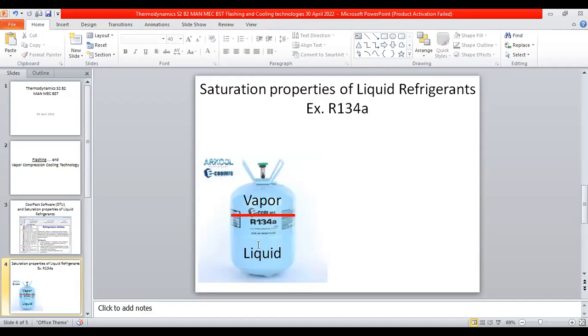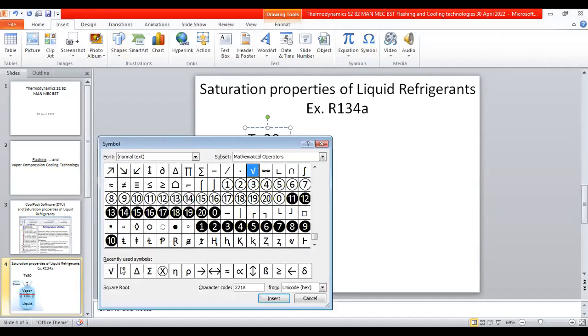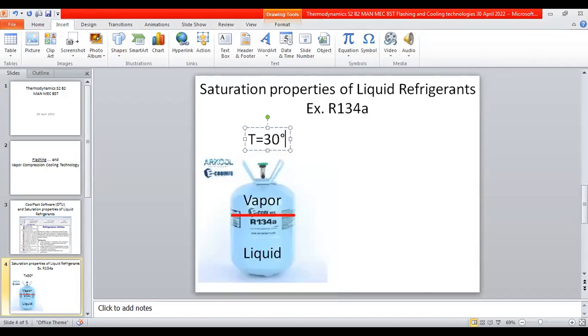So let's say here the temperature is 30 degrees Celsius.